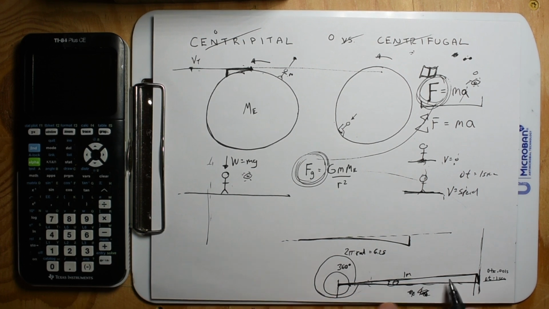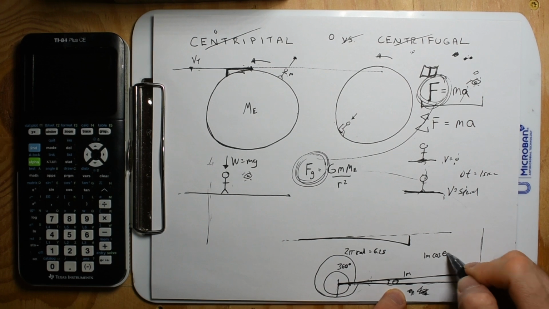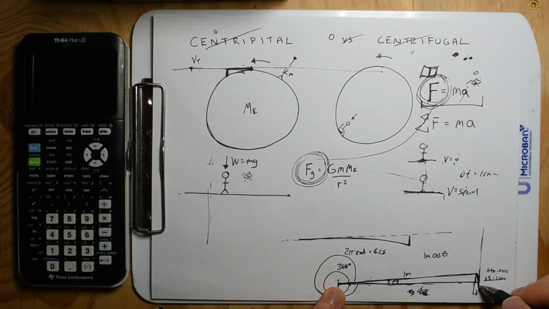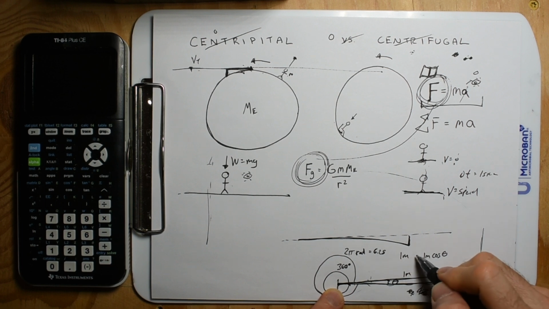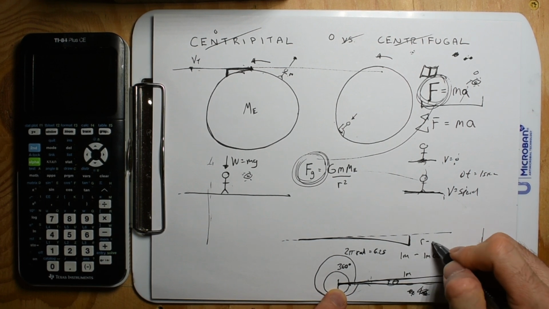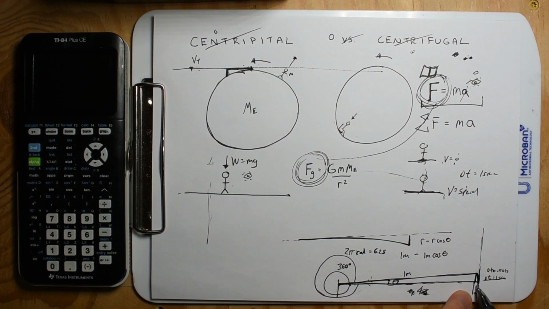So this distance right here will be 1 meter times the cosine of this angle. What we're interested in is this little d right here. Well, that's going to be 1 meter minus that. So it's basically r minus r cosine theta. This comes up a lot. And that's just the remaining distance right here.